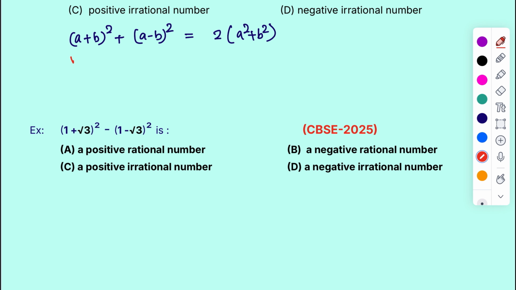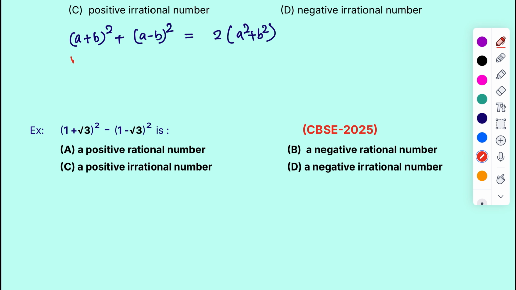So root 3 plus 2 whole square plus root 3 minus 2 whole square is equal to 2 times, in place of a, root 3 square, plus b square, which is 2 square. So this will be equal to 2 times 3 plus 4, which is 2 into 7, which is equal to 14. The 14 is a positive rational number. So option A is correct.